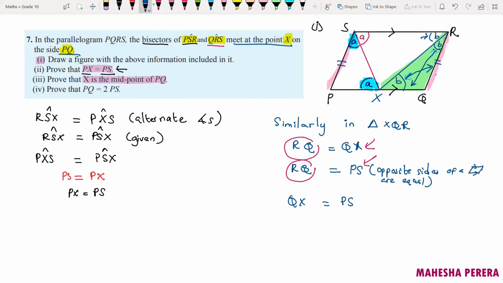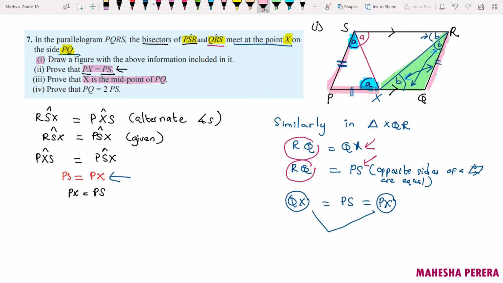And we know that PS equals PX because we proved here, right? So PS equals PX. That means definitely this PX and this QX are equal. Now check this.